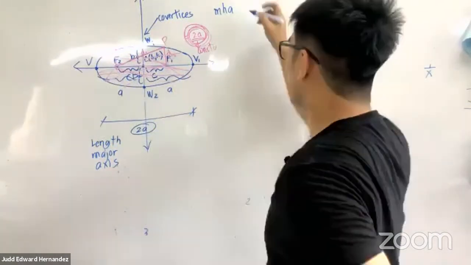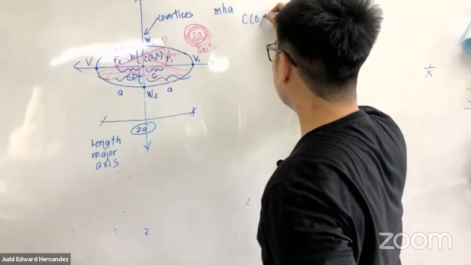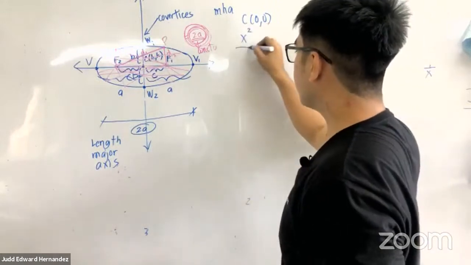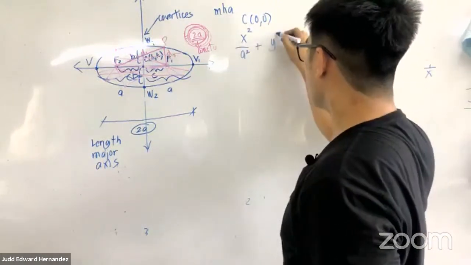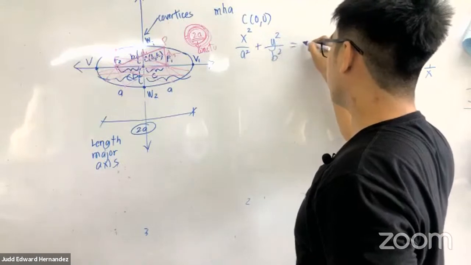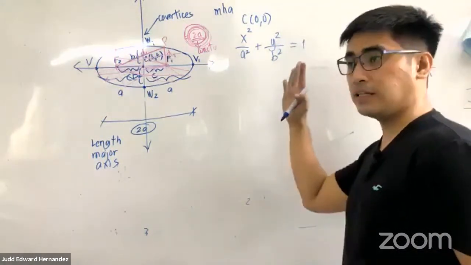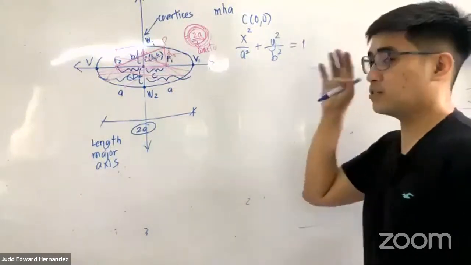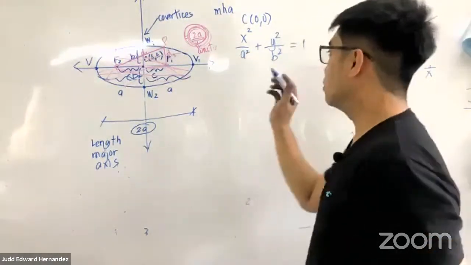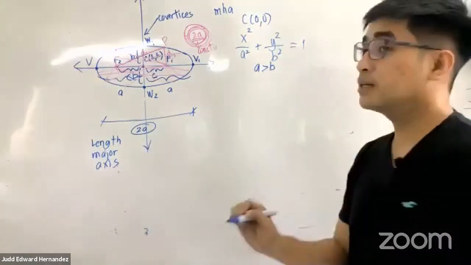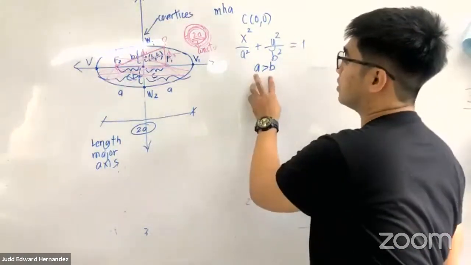Kung ganyan yung ellipse natin, the center is at the origin. Okay, our equation would be x squared over a squared plus y squared over b squared is equal to 1. Always remember that the right side of the equation of the ellipse is always equal to 1. So, for this one, a is always greater than b. Remember that a is always greater than b.